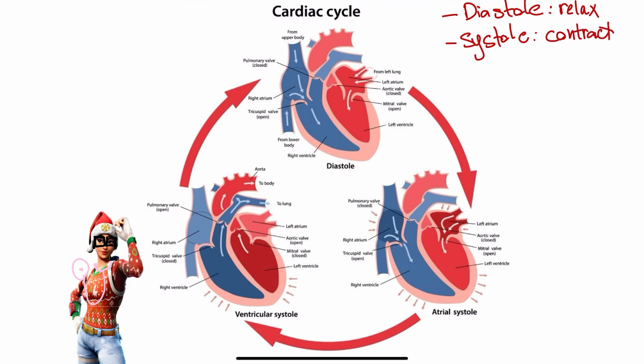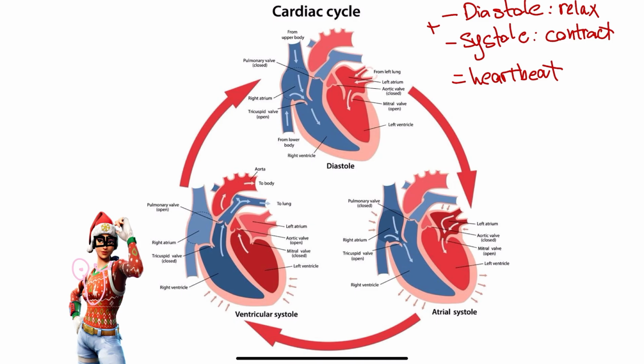All right, so diastole relaxes the heart wall, systole contracts the heart wall. And one diastole plus one systole equals a heartbeat. So basically, the cardiac cycle is the diastole and systole of the heart wall, which equals one heartbeat.